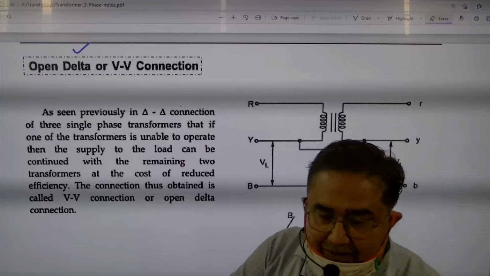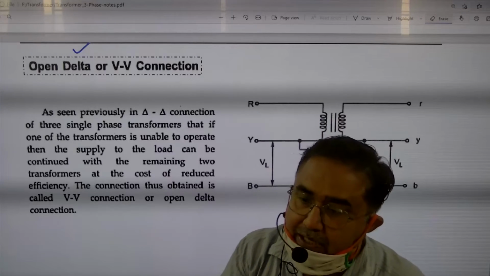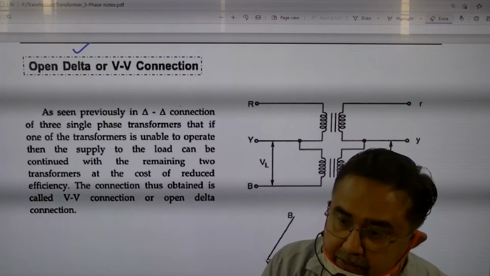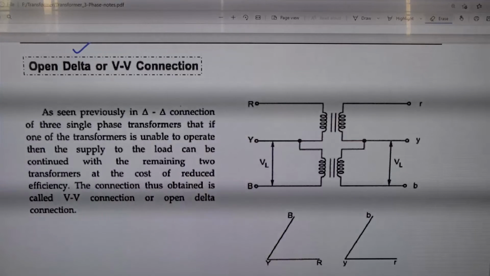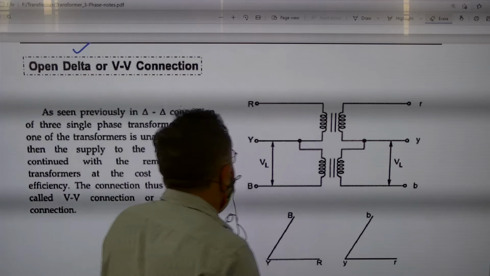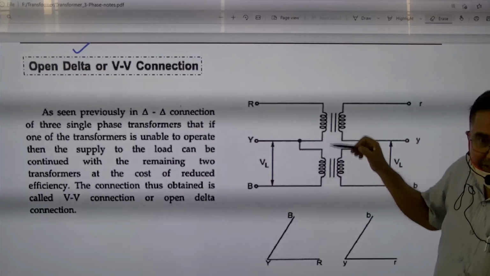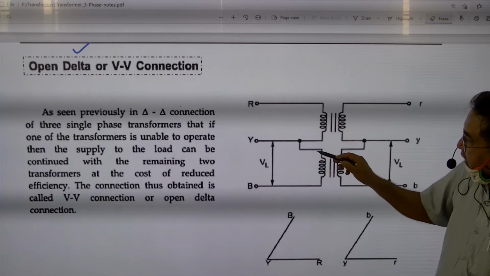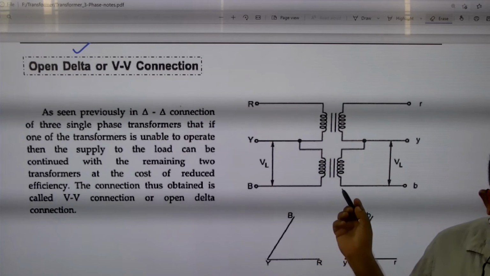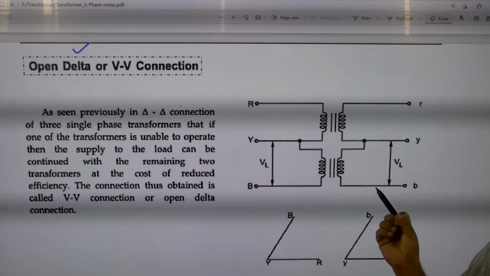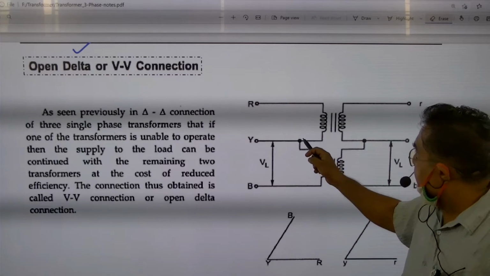We are making our 3 phase transformer only in the form of VV connection. 3 phase transformer में एक वाइंडिंग हटा दी है, तो हमारे पास कितनी वाइंडिंग बची? 2 वाइंडिंग बची, लेकिन हमारे पास सप्लाई कितने? R, Y और B. तो हम क्या करते हैं, ये 2 वाइंडिंग बची ना, तो B का जो एक वाइंड है वो किसको कनेक्ट कर दिया? The connection is connected to Y, is connected to the first winding.